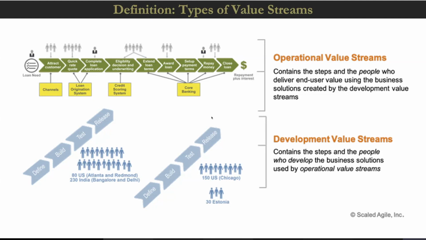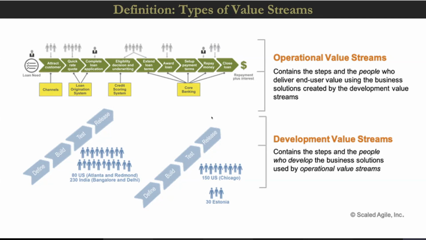You get a rate code, etc. But it's not just an end-to-end process. You have various applications and systems that are supporting each process step identified, also included in the definition of a value stream. And then the Scaled Agile Framework provides guidance on differentiating the operational value stream from the development value stream.